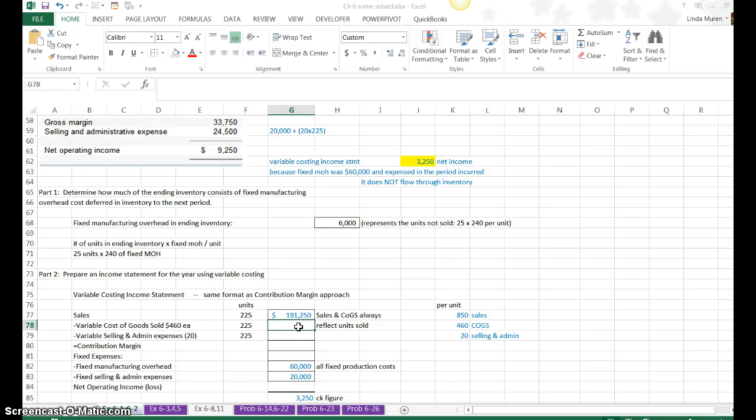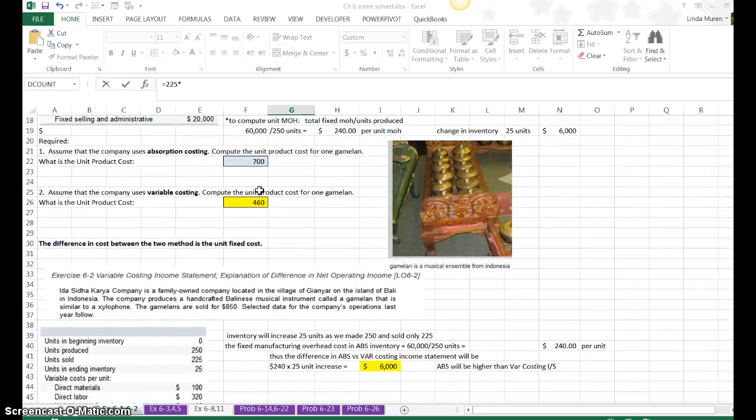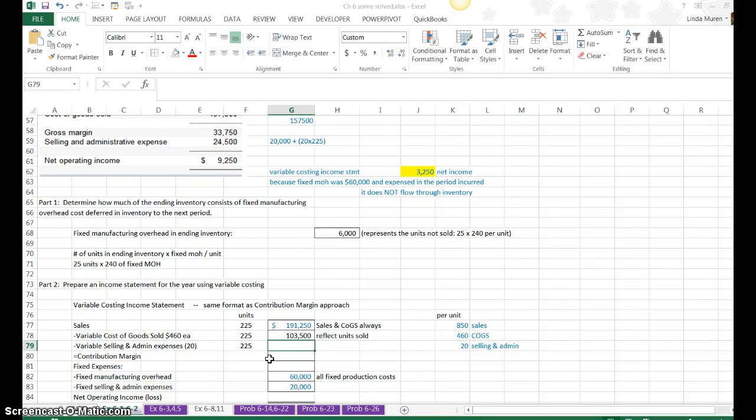So I'm going to take my cost of goods sold, under variable costing, and we said 225 units were what was sold. And if you remember, the cost of goods sold that we calculated was $460 per unit. So that's how we got the 103. Now, I do have variable admin costs. They told us that variable selling and admin was $20 a unit, and that's the same under both systems.